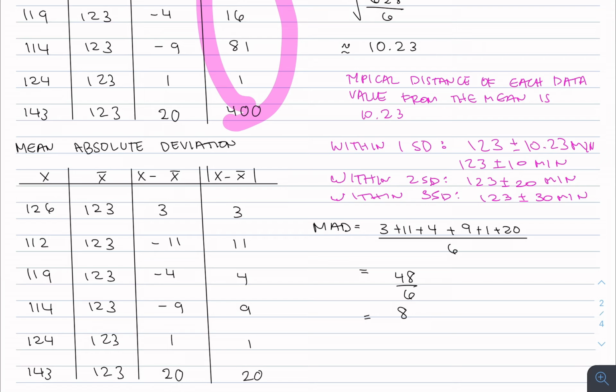And anything outside of 3 standard deviations is viewed as too far away or potentially an outlier. It's too different from the rest of the data set. Feel free to figure out what these within 1, 2, and 3 standard deviation numbers actually are to see if we have any outliers. I'll let you know we don't have any outliers, but in case you're interested.